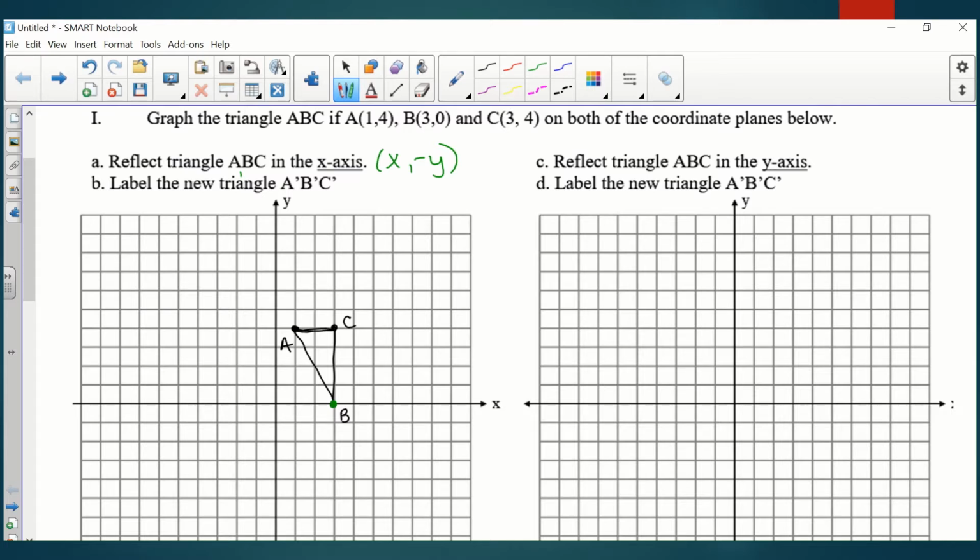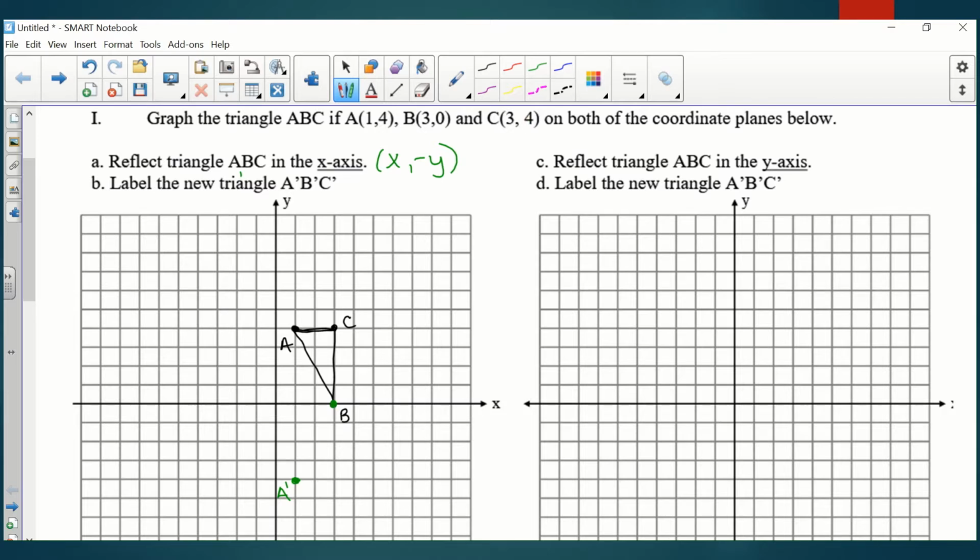Okay, so B and B prime are going to be in the same spot. A, if we apply the rule, A is going to be at 1, negative 4. So 1, negative 1, 2, 3, 4. So this will be A prime, which makes sense because A right now is 1, 2, 3, 4 above the x-axis. So A prime is going to be 1, 2, 3, 4 below the x-axis.